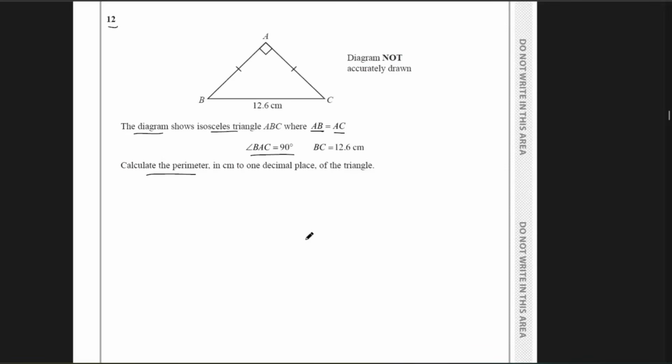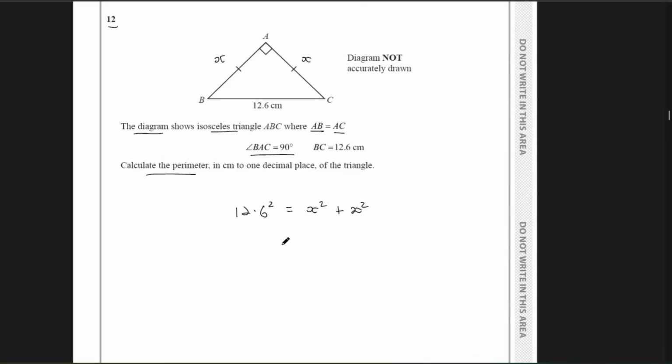So how do we find the missing lengths, AB and AC? If length AB is x, length AC is also x, and we can use the Pythagoras theorem. We can say 12.6 squared is equal to x squared plus x squared.